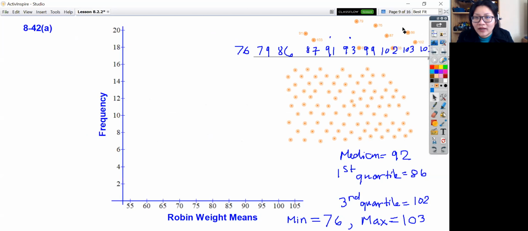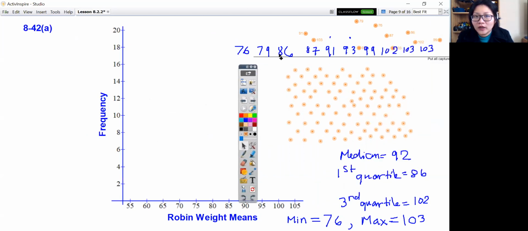The numbers from our data are not in order, so I have to put them in order from the lowest to the highest number, starting from 76 all the way up to 103. The median is the middle number. So I am going to cross out 76 on the left, 103 on the right, 79 on the left, 103 on the right, 86, 102, 87, 99.